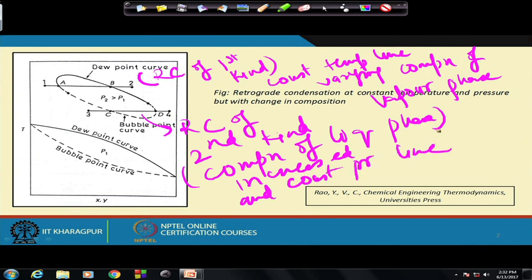We need to remember that the vertical lines are constant temperature and pressure lines, because this curve has been generated at constant pressure, and the horizontal lines denote constant temperature lines.